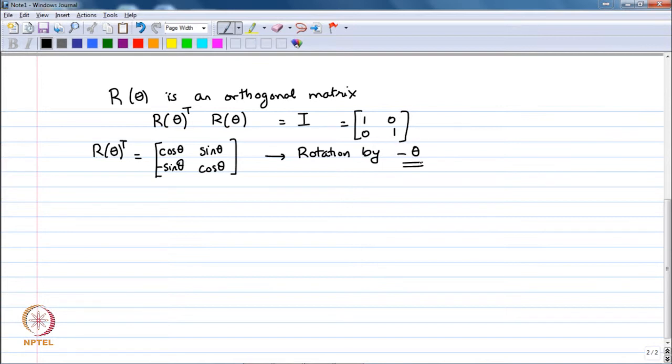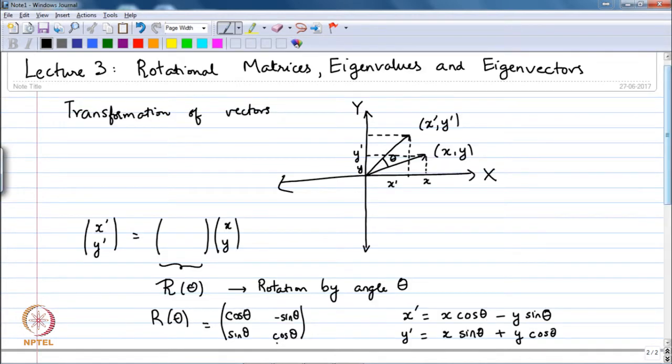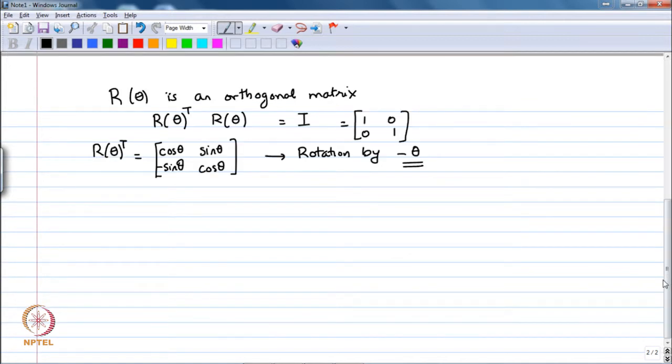Suppose you are rotating by minus theta, then cos of minus theta is the same as cos theta, sin of minus theta will be minus sin theta, so you get such a matrix. And you can clearly see that if you take a vector, rotate it by theta and then again rotate it by minus theta, you will get back the identity. So you will get back the original vector.